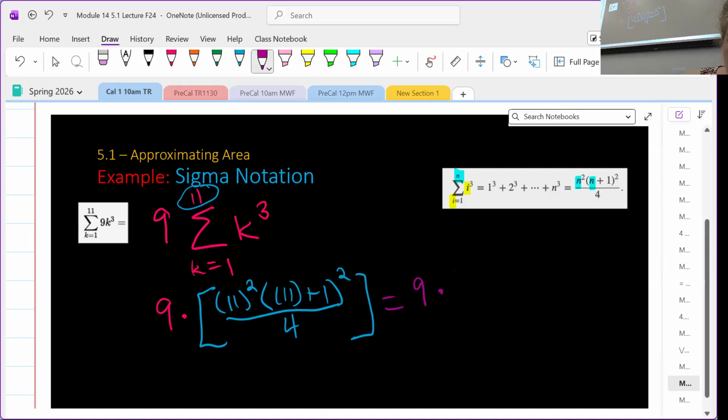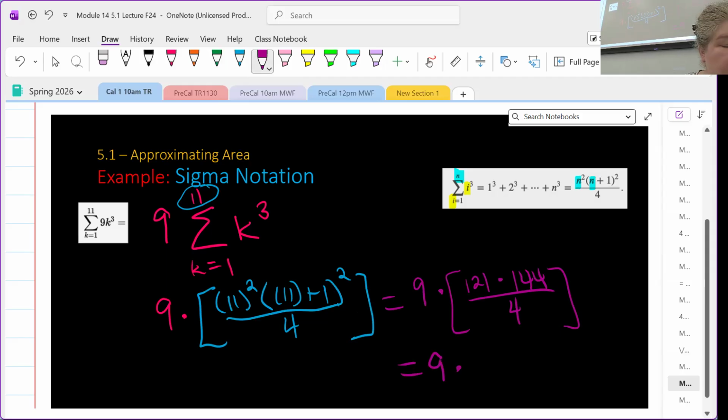So 11 squared is 121. 11 plus 1 is 12. 12 squared is 144. And then we divide that by 4. So 121 times 144 divided by 4.